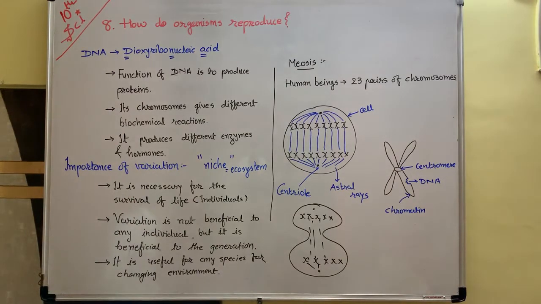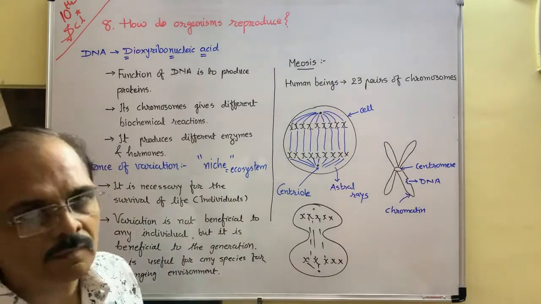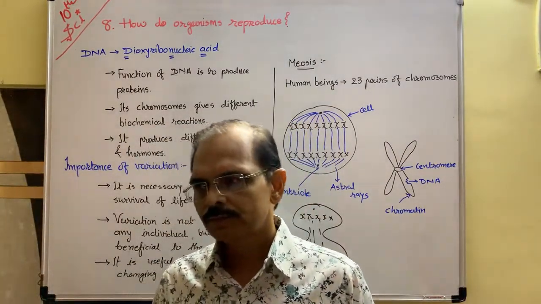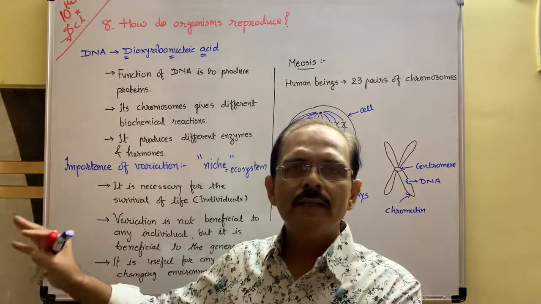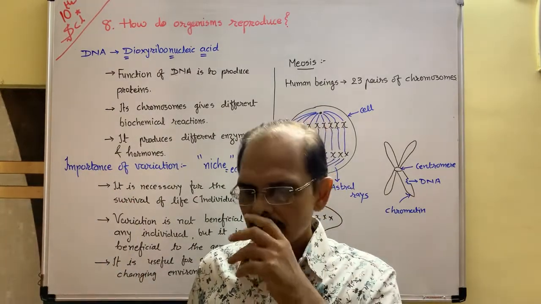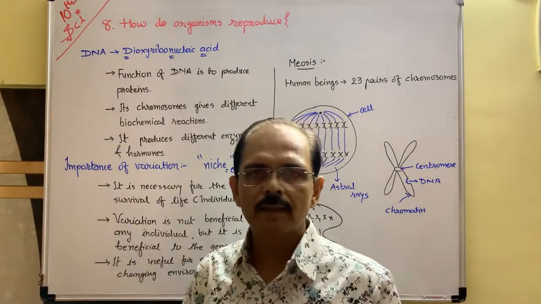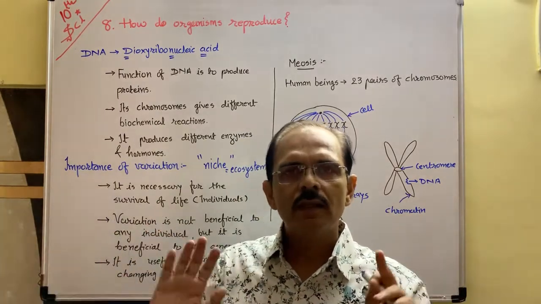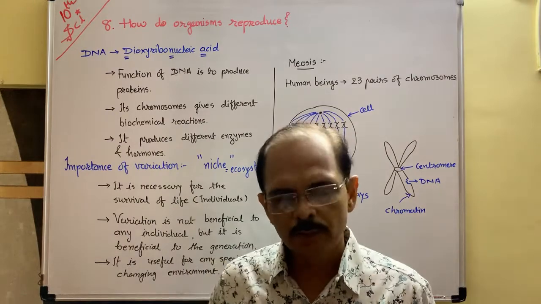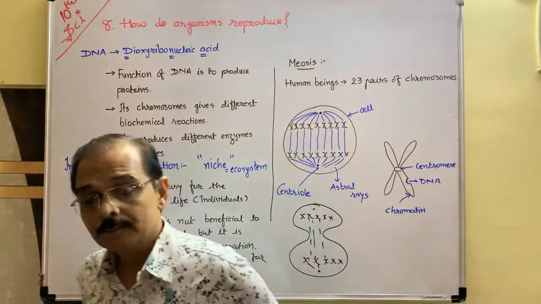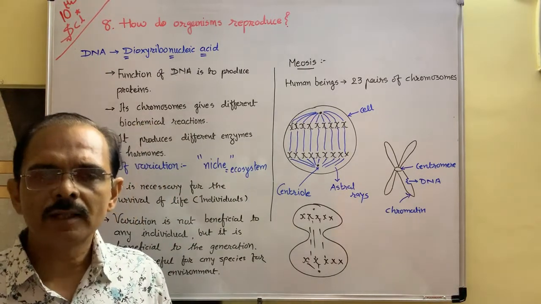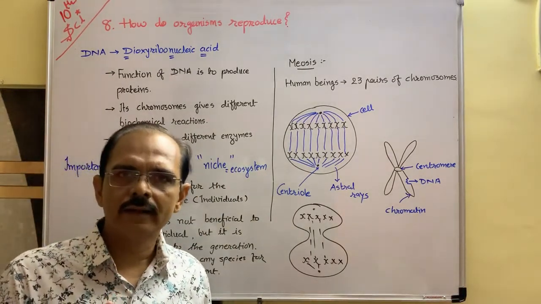Is it okay? So if the niche is drastically changed, the best example is given in your textbook: suppose a colony of bacteria is there. We cannot see this, but a colony of bacteria is there. They live happily because the surrounding niche or ecosystem is proper for them. Drastically, the ecosystem changes, temperature going high.